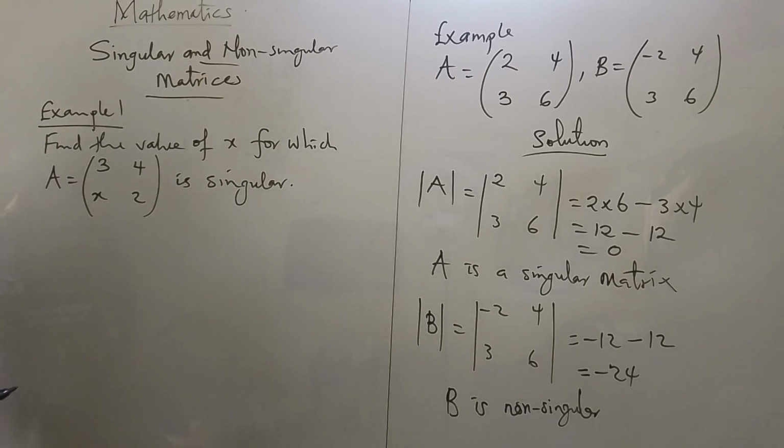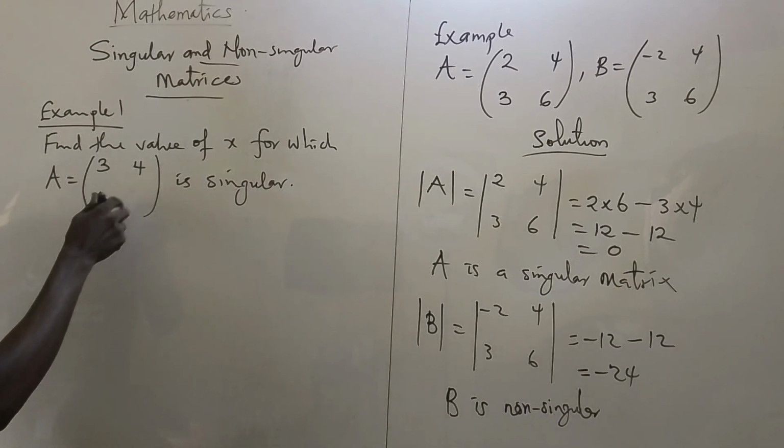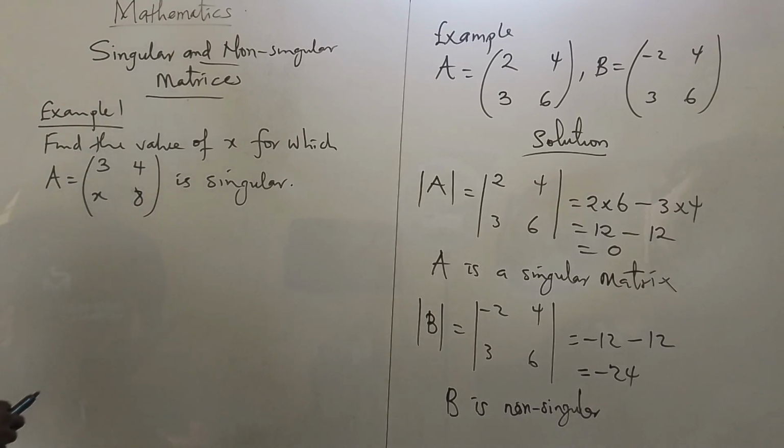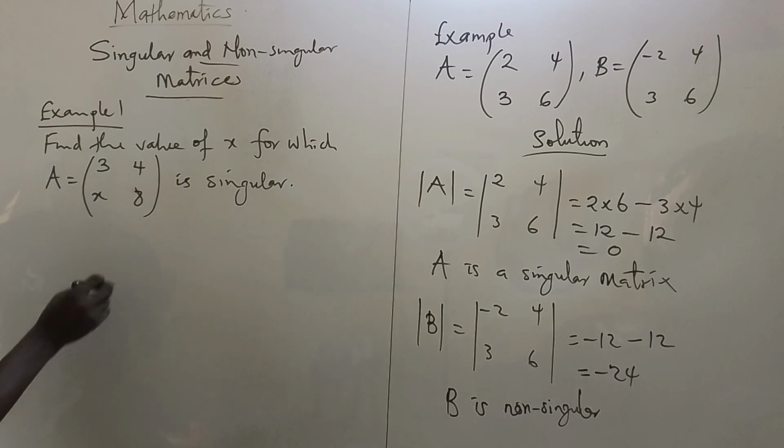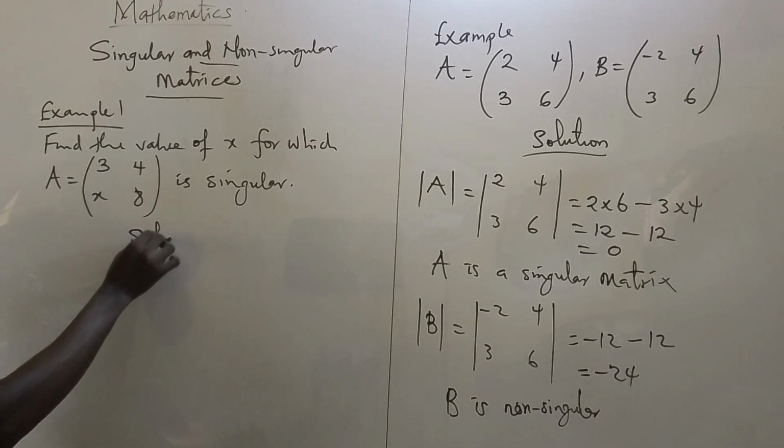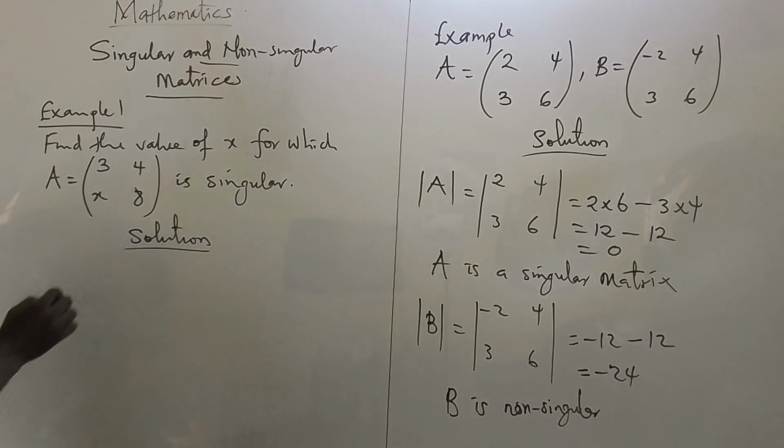All right, so let me make this one 8. We want to find the value of x for which matrix A, which is equal to this, is singular. So if matrix A is singular, okay, what are we saying then? The determinant of matrix A is equal to 0.